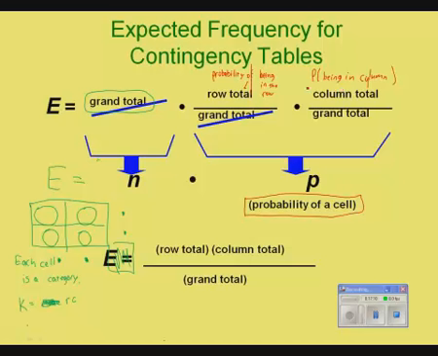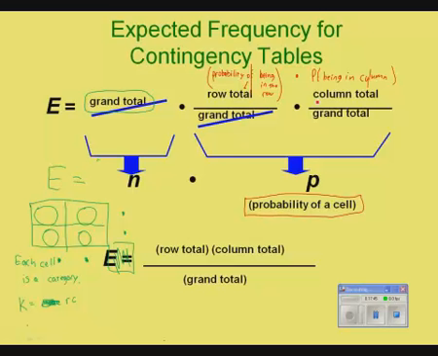See, that's where independence happens. You can multiply the probability of being in the row, that's like event A, times the probability of being in the column, that's like event B, if we know that the rows and the columns variables are what? Independent. So when we say we're going to test the claim that they're independent, the way we're testing it is we're multiplying and then seeing how it works. Because that'll give me what I expect. And now I compare that to what I observe.